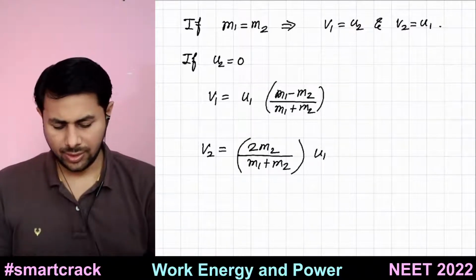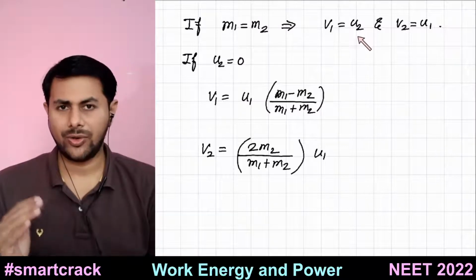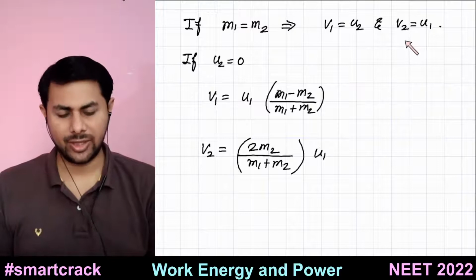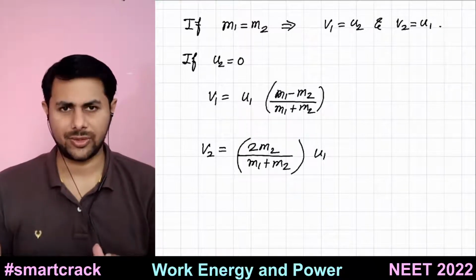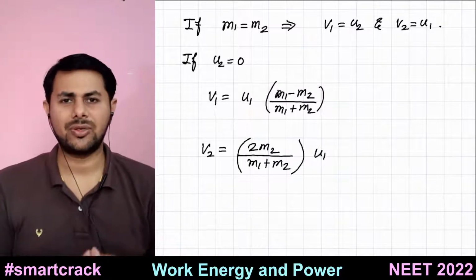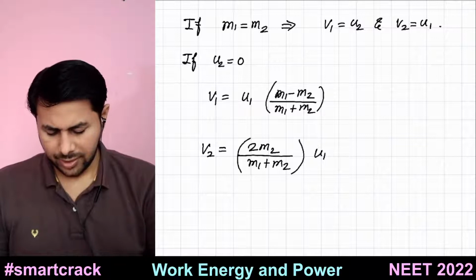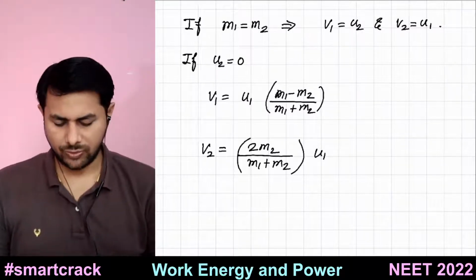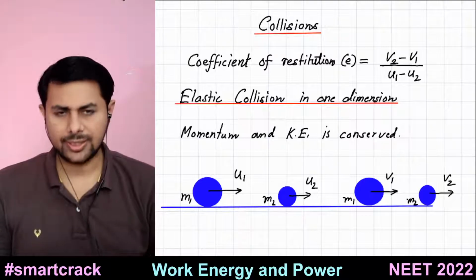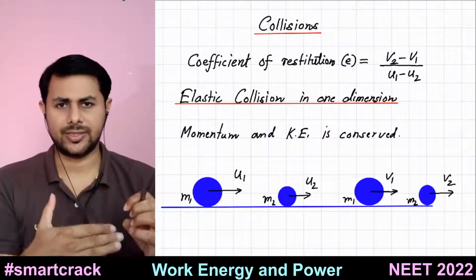The final velocity of the first body will be equal to the initial velocity of the second body, so v1 equals u2, and the final velocity of the second body equals the initial velocity of the first body. This happens when m1 is equal to m2. And then if u2 is equal to 0, what do we mean by that? One body is at rest, and another body comes from behind and hits it.